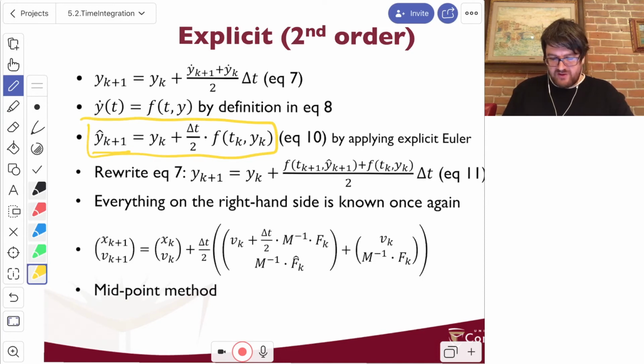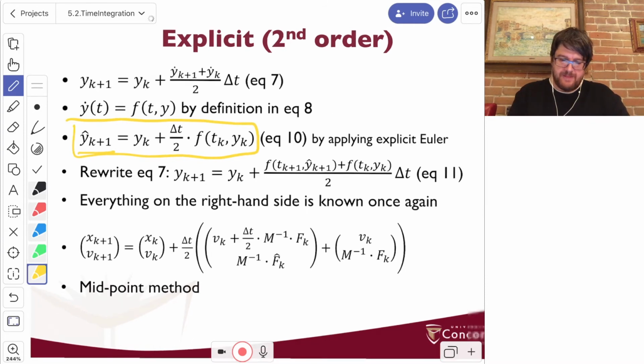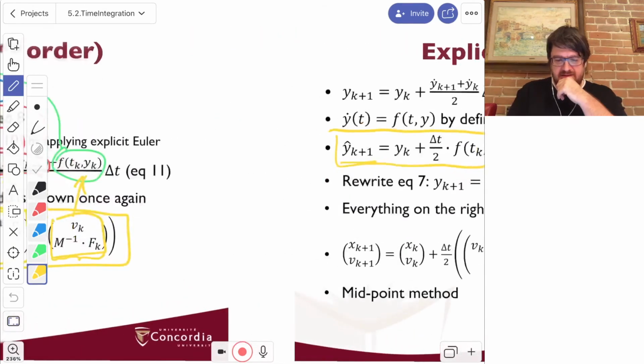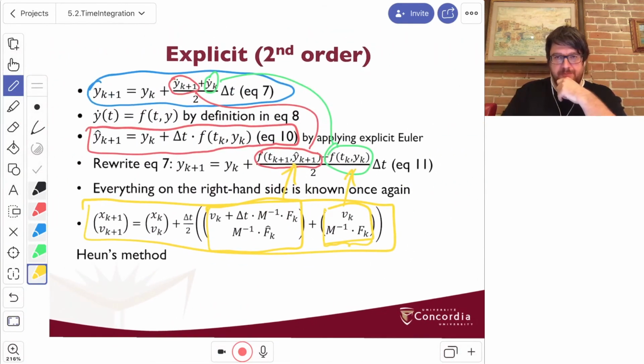So it's almost the same thing, with some small adjustments. And this is called the midpoint method. Both midpoint and Heun's method are more or less equivalent. And actually this small adjustment that we have made makes quite a bit of difference.